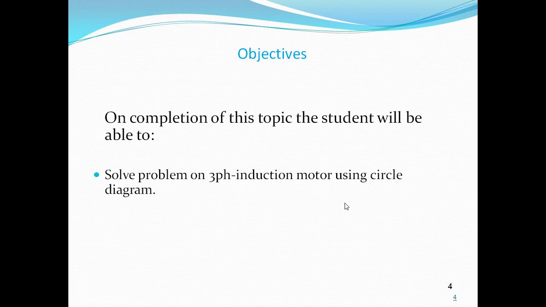So today we will do a problem on the circle diagram, that is calculation of different parameters: rotor full load current, power factor, slip, rotor losses, efficiency, maximum torque, maximum output.